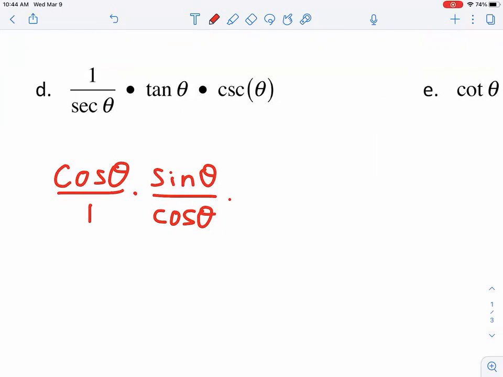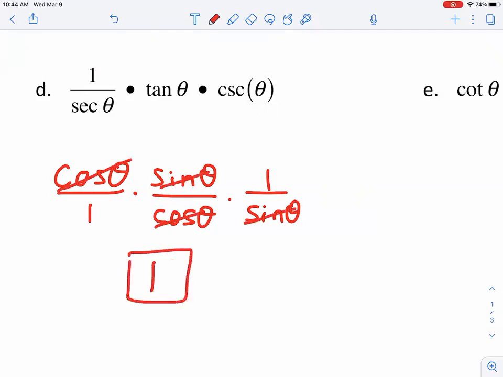And the cosecant, remember, that goes with the sine, so that is 1 over sine. So I wrote everything in terms of sines and cosines. And now I'm going to try and cancel. And lucky for me, cosines cancel out, sines cancel out, and that whole big ugly thing simplifies to 1.